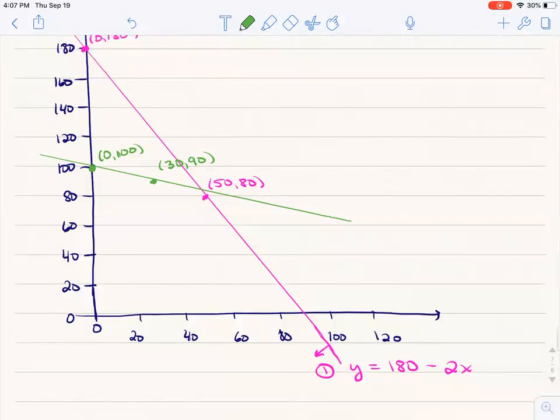So this is equation 2, and it has the equation y equals 100 minus x over 3. And again, I want everything less than that. So now, it has to be below this line, and it has to be below this line.